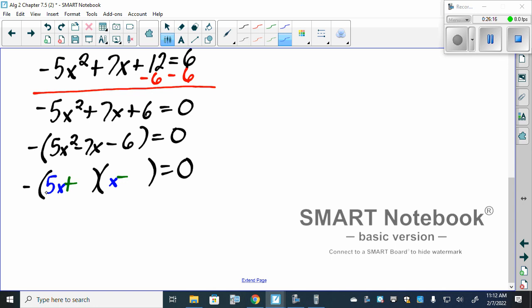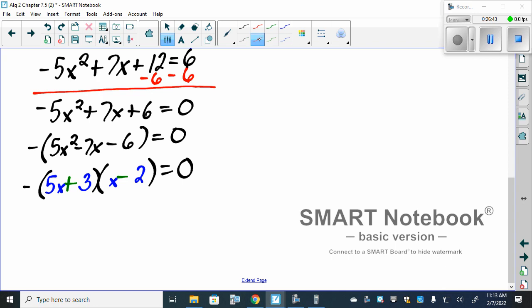That's just my personal preference. It might be that we have to change the signs, but we'll put it there. How about the factors of 6? 1 and 6 or 2 and 3? 2 and 3, where do we want to put the 2? Okay. We can put the 3 over here.